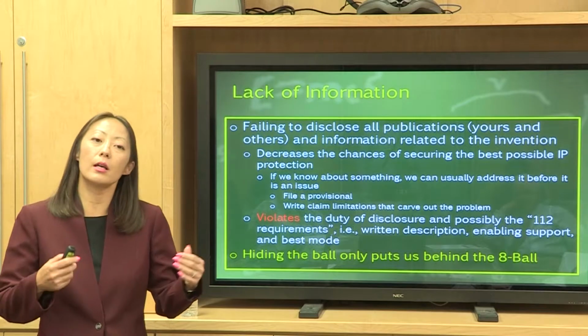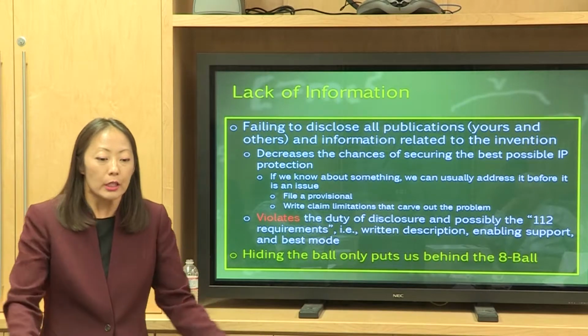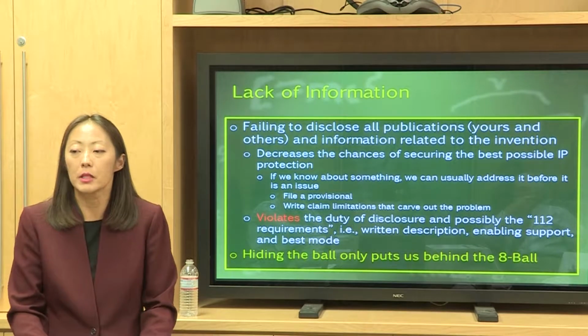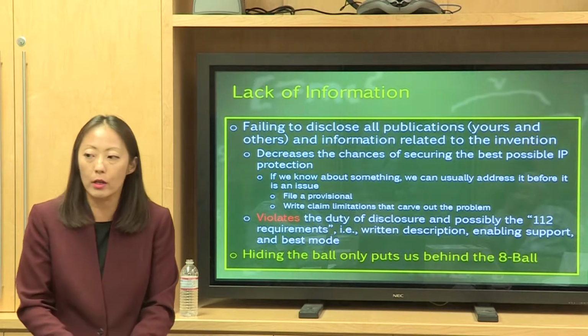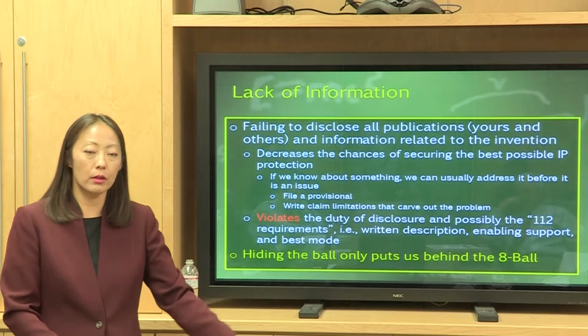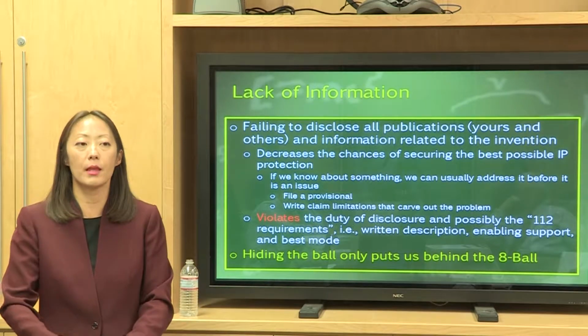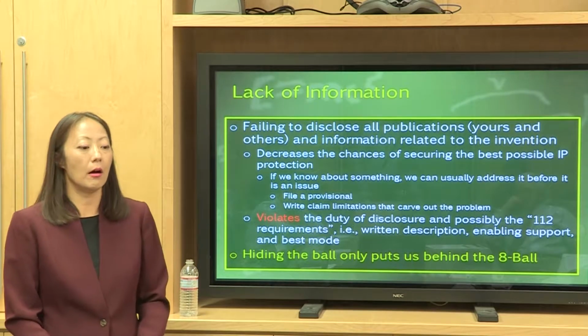If we know about it at the time we're writing the application, we can usually write language in the specification and the claims to try to carve that out. And remember, you have to have support for what you want to claim and the limitations of your claim. You have to have support in the original application.